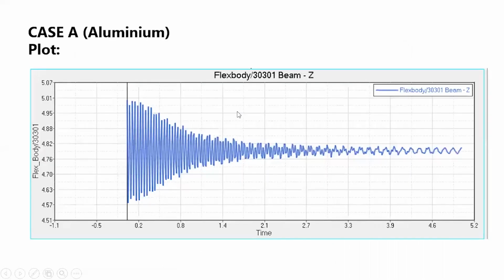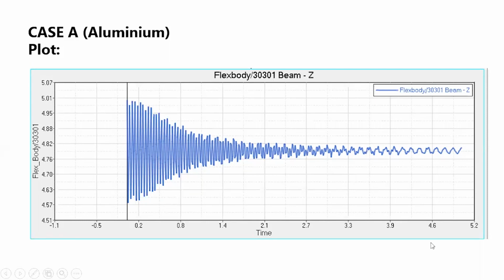The first case we can see is for an aluminium beam, and this is the flex body plot, which measures the maximum amplitude of this particular beam. This is the plot from which the data was extracted into the Excel sheet, which I showed you. As we can see, when we start the motor, there is a jerking action of the motor, and due to that jerking action there's an increase in amplitude, and then it stabilizes.